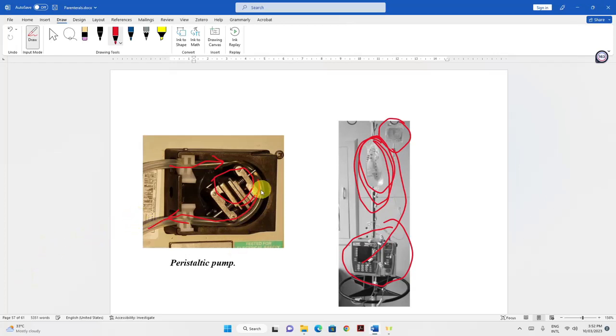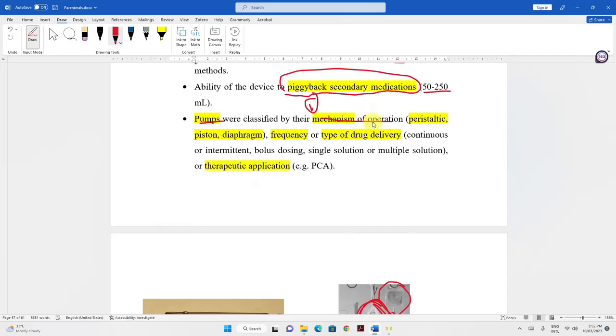According to mechanism of operation, it can be classified as peristaltic or piston. Piston is similar to the injection and the plunger, the one that you push and withdraw the medication with. And there is the diaphragm. So this is B, and we have C, which is the diaphragm.